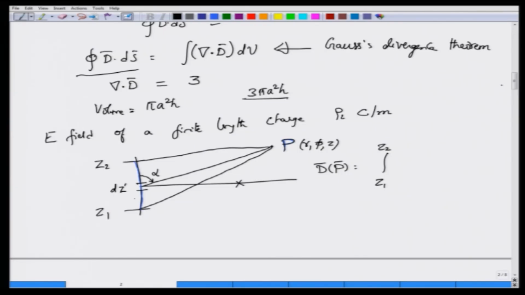At any point you have the charge rho L dz prime, divided by 4 pi epsilon 0 r square, or rather magnitude of r cube, times the vector at point P. So, if you recall Coulomb's law, this would be rho L dz prime r hat divided by 4 pi epsilon 0 r square, where r is the distance from the charge location to the field location.